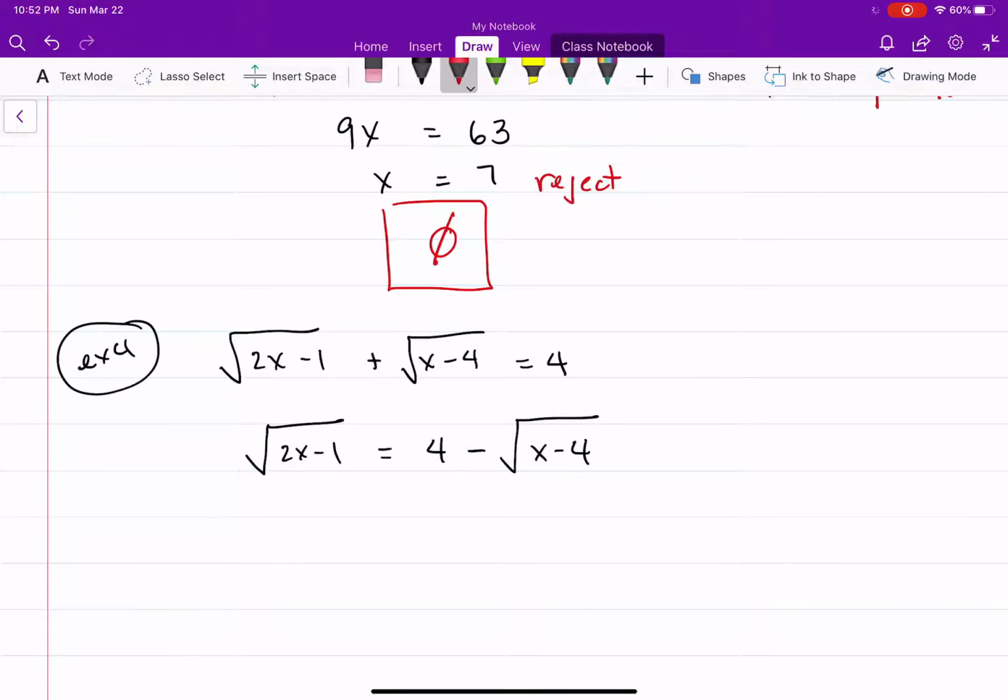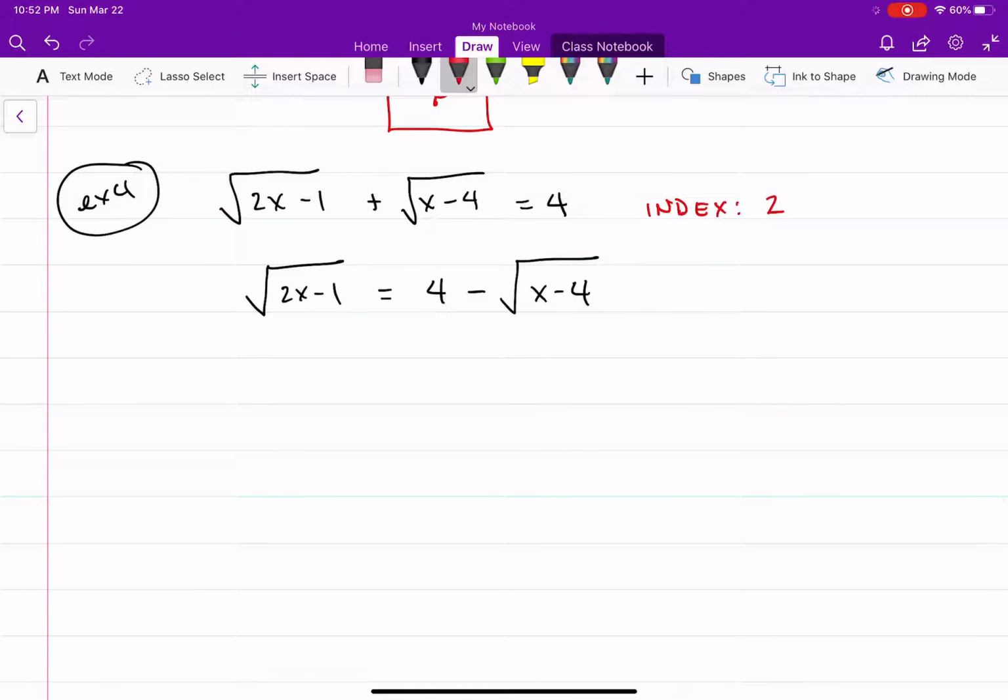Okay, and what's the index again? Index. All right, so let's try to spell index right. That is a 2. That's correct. So I have to raise both sides to the second power.